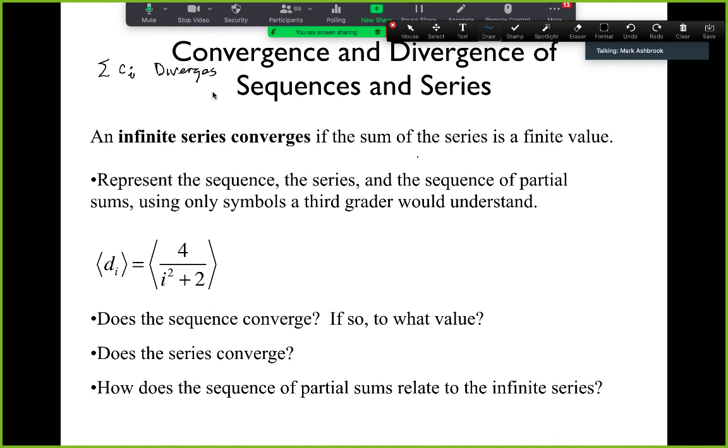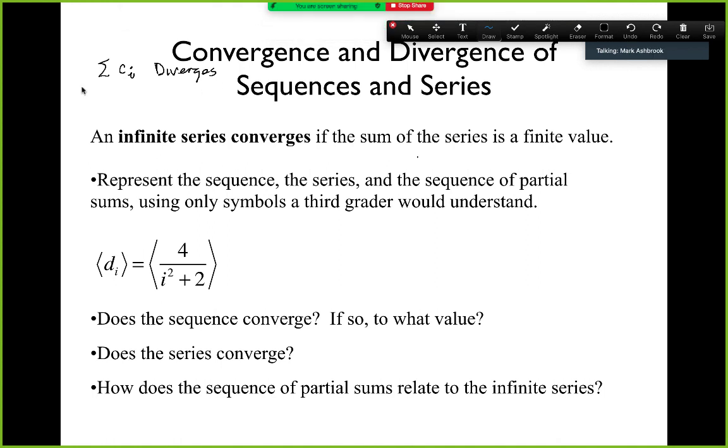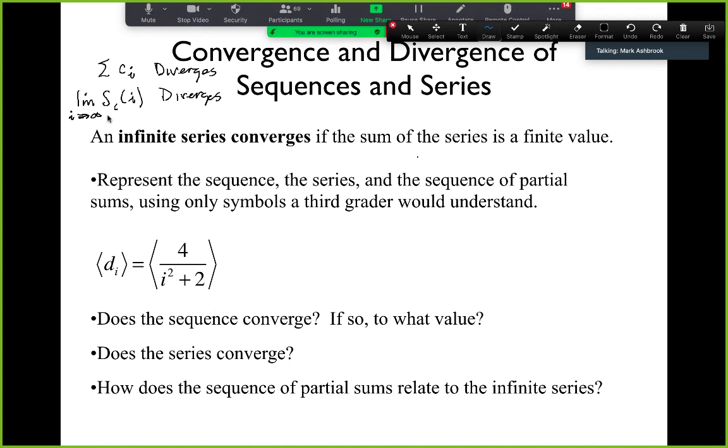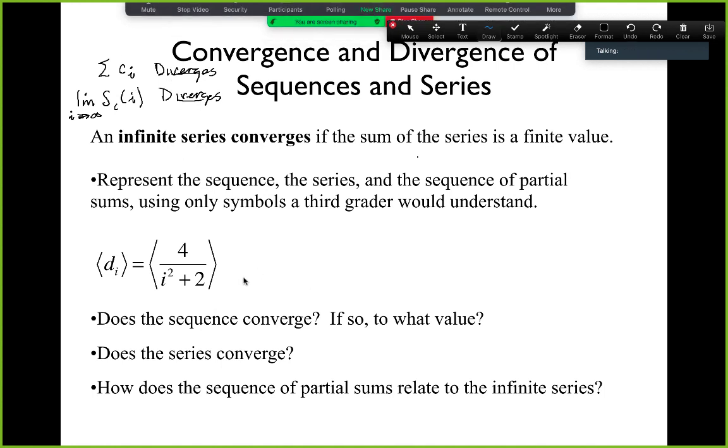So that diverges. And therefore, the limit of the sequence of partial sums diverges also. They're the same, right? The limit of the sequence of partial sums is the same as the series. That first example diverges.